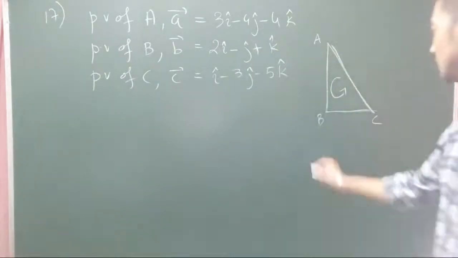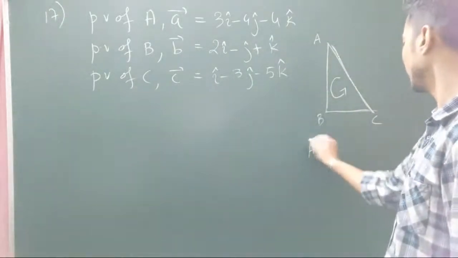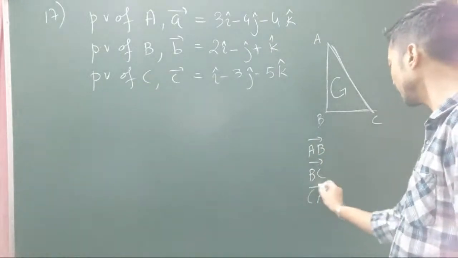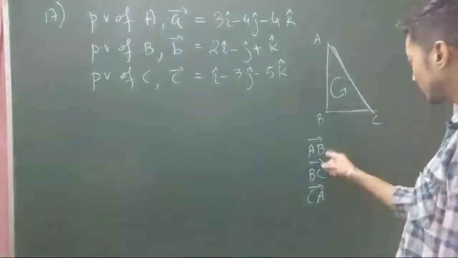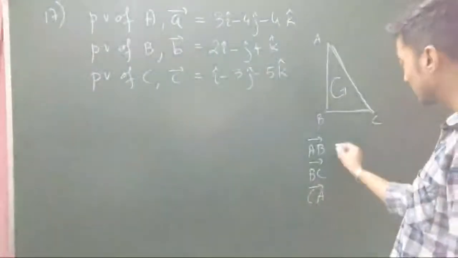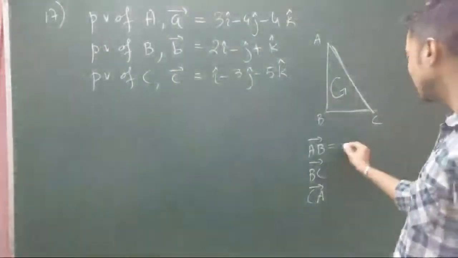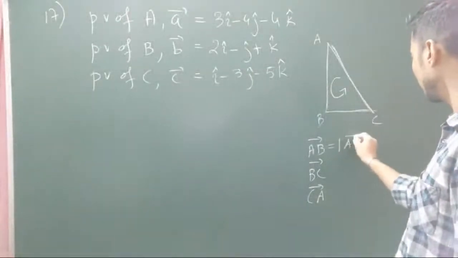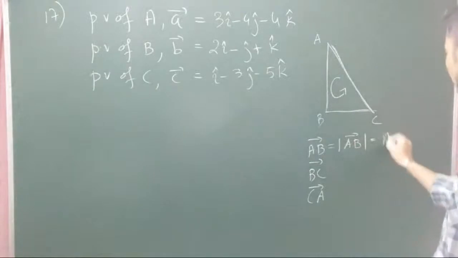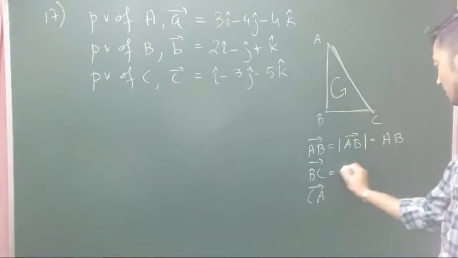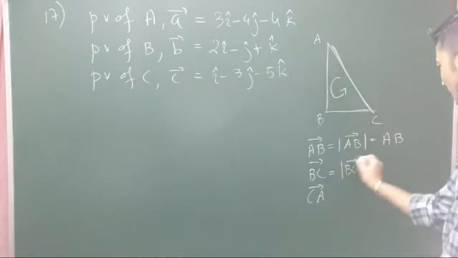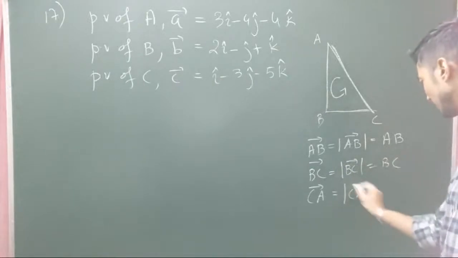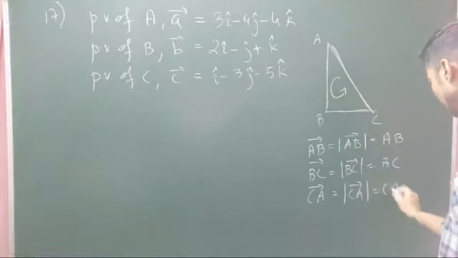So in that case, we'll have to find out AB vector, BC vector, and CA vector. Once after we find out these vectors, if you want the magnitude, the magnitude of this vector will give us the side AB, magnitude of this vector will give us the side BC, and magnitude of this vector will give us the side CA.